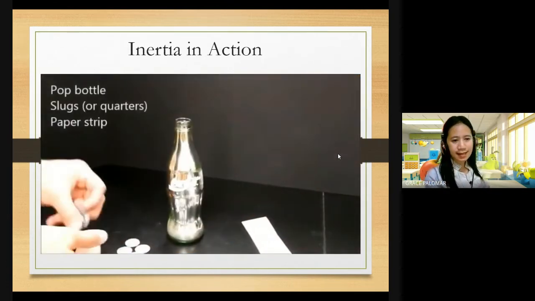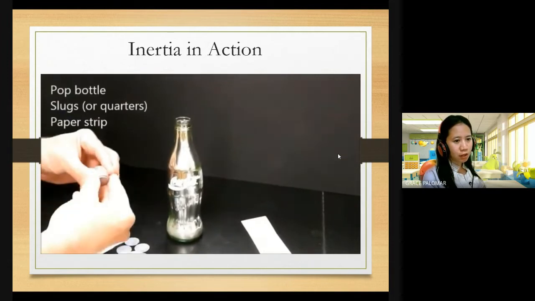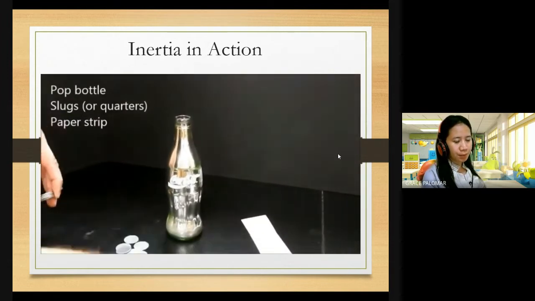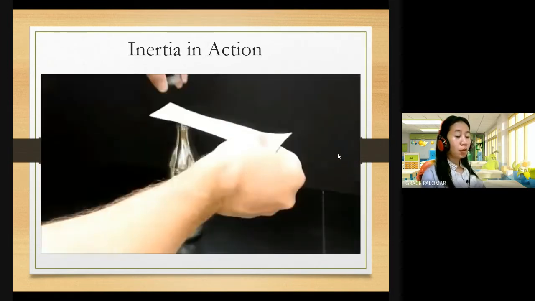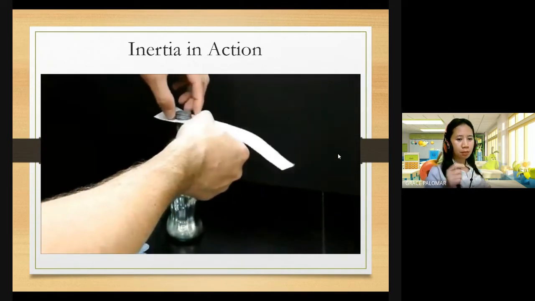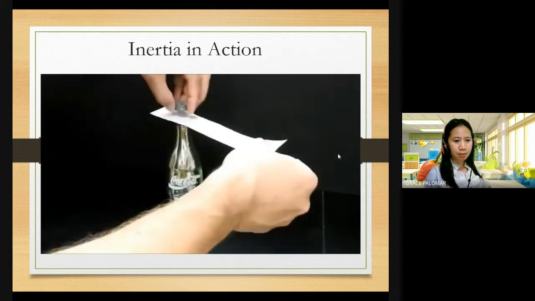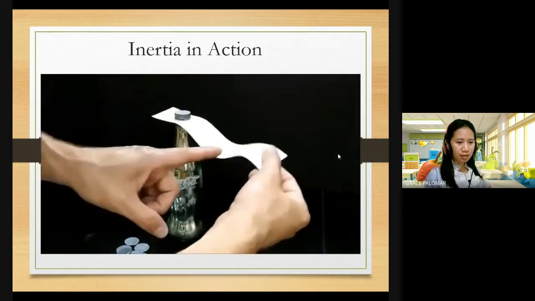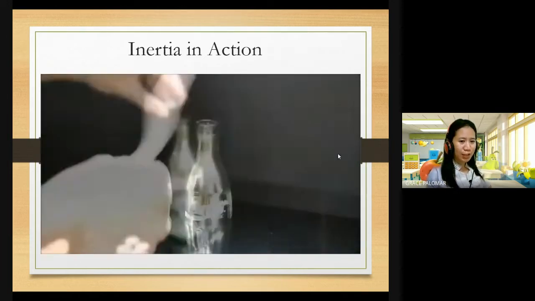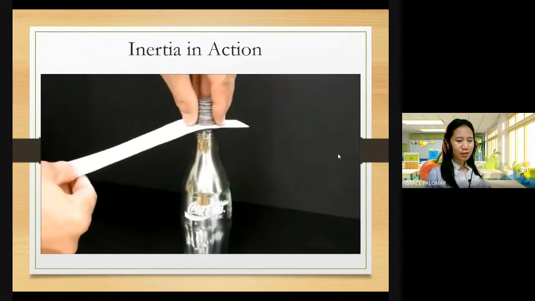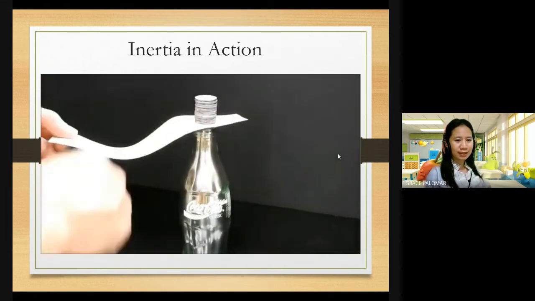And another classic example is the pop bottle or quarters and paper strip. Normally, I do this in my class. I put a bottle and then a piece of paper or a paper bill. Whoever gets the bill out, I will give it to them, as part of your additional allowance.